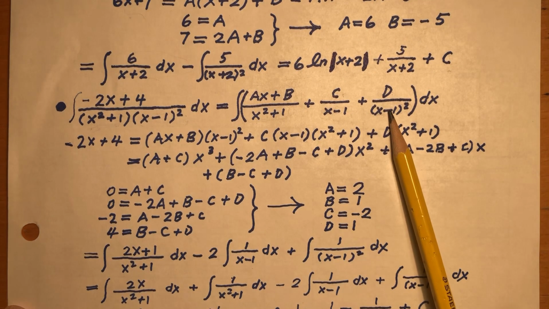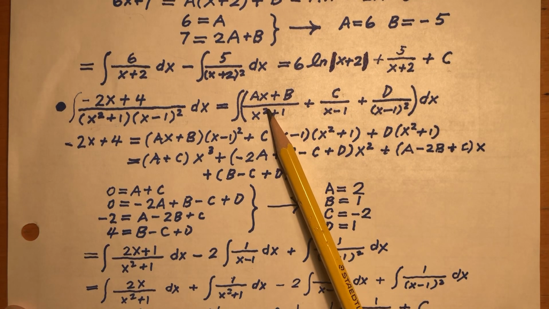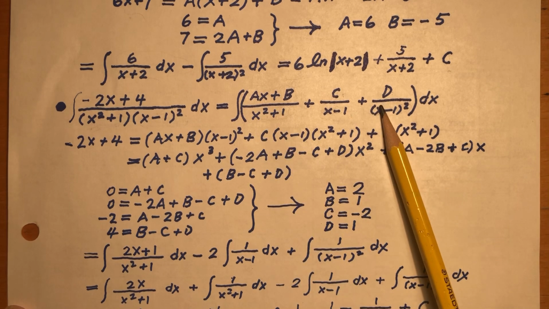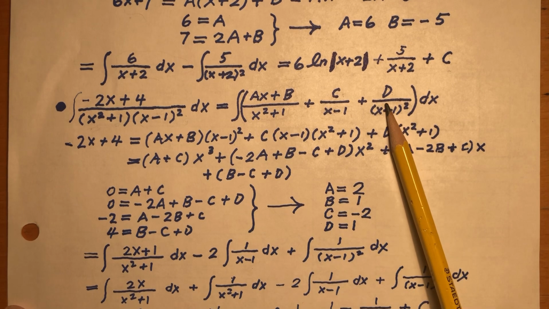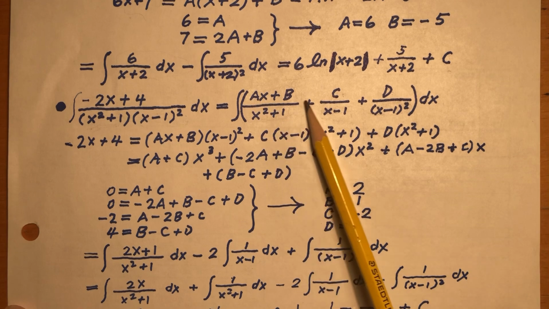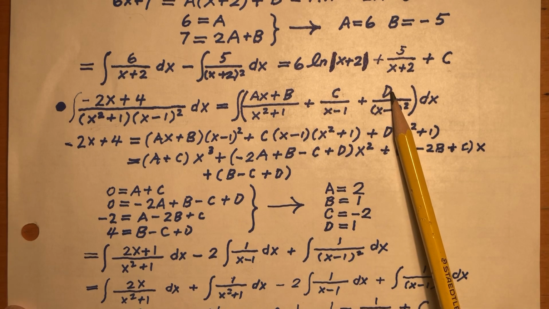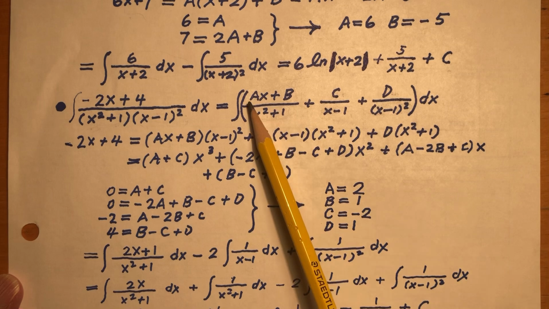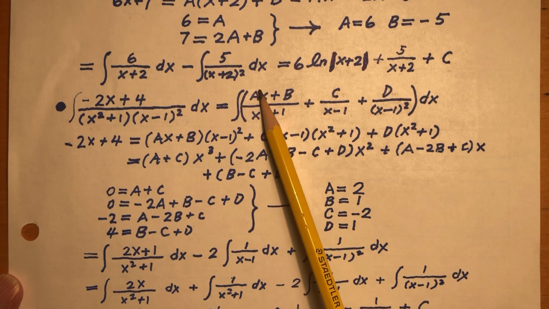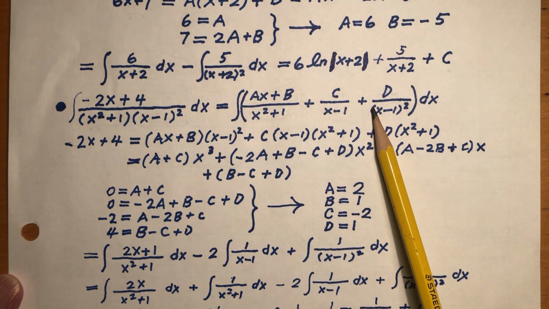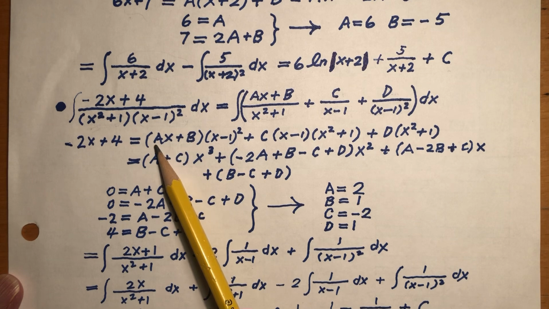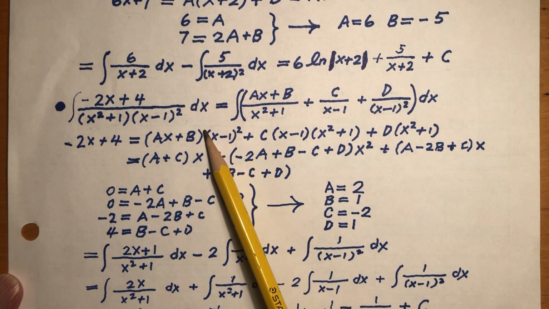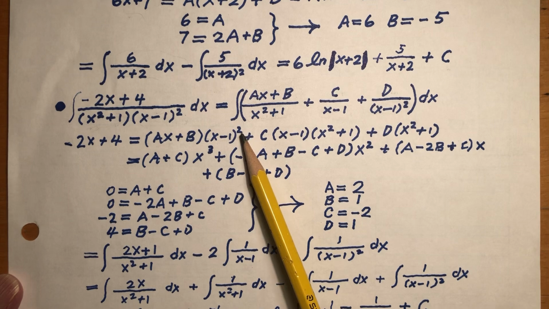Common denominator. Common denominator is this bracket times this bracket. And once you do common denominator, what is the numerator? The numerator is this times this. Ax plus b multiply x minus 1 squared.